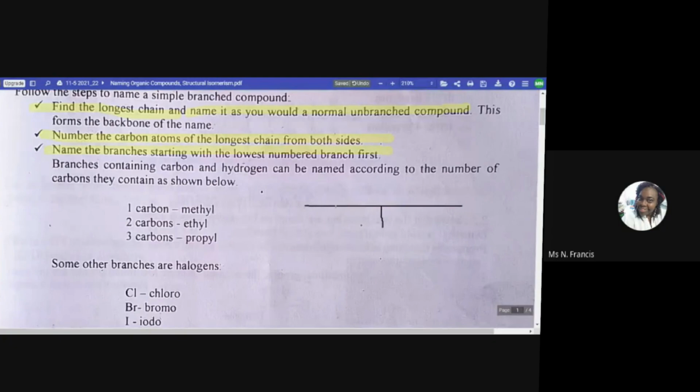We can have this long chain going across, but once we have something stemming from it, this is your chain. This is your main branch. Now your main, I don't know, let me not use the word branch. So this is your, let me put backbone. Yes, that's the word I want to put.